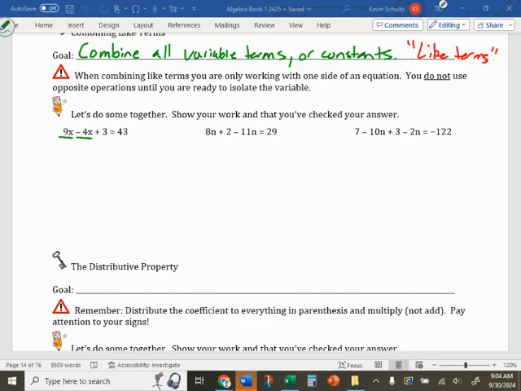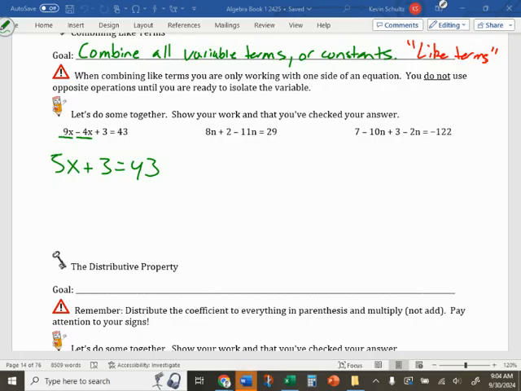And when you're combining like terms on the same side of the equal sign, you do not use opposite operations. You only use opposite operations when you're moving something from one side of the equation to the other. So what this is saying is whatever number x is, we have 9 of them. We're subtracting 4 of them, leaving us with how many? 5 of them. 5x plus 3 equals 43.